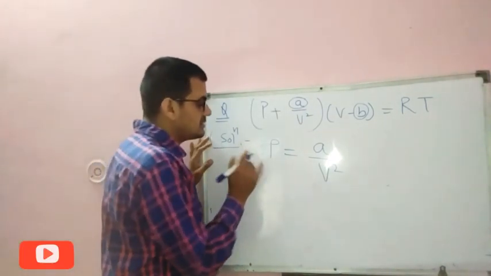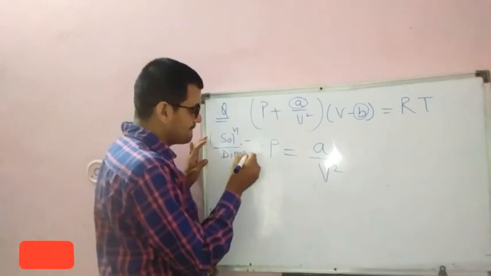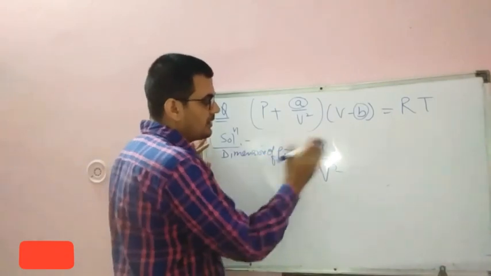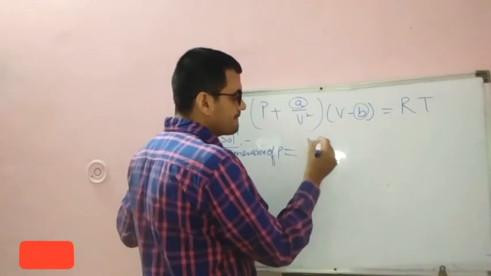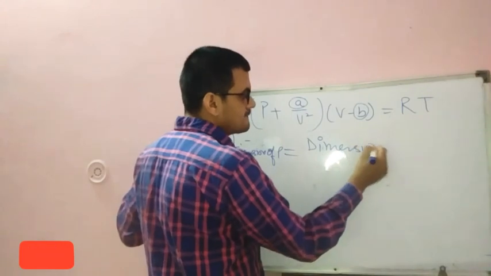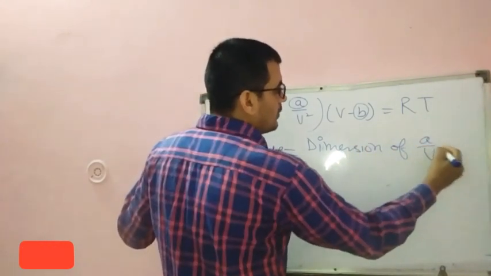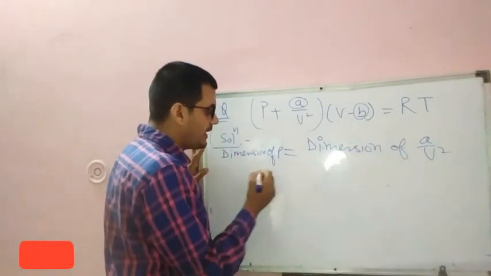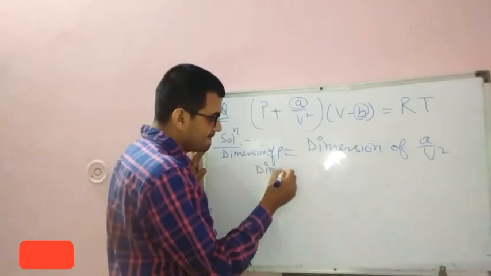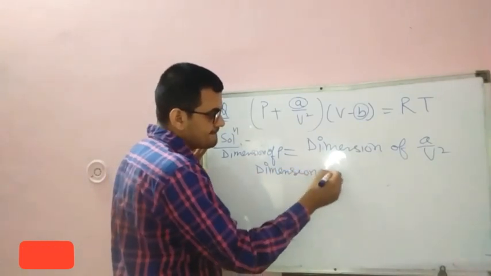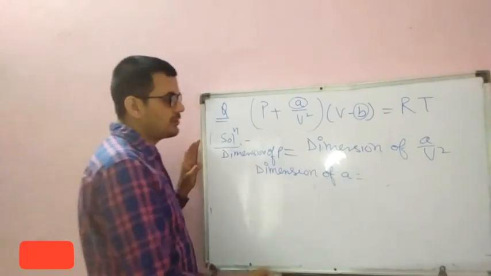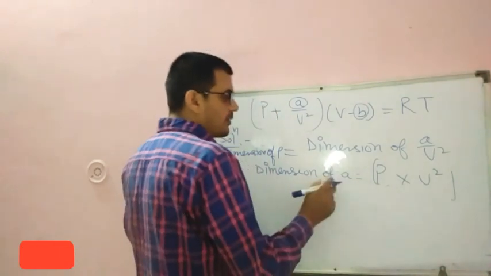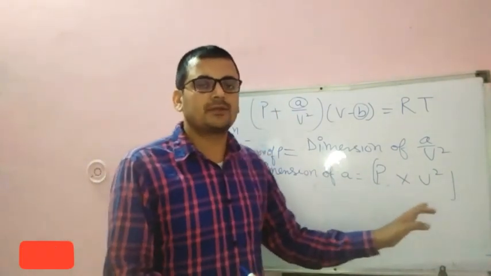So you write it like this: dimension of P equal to dimension of a over V square. So what will be the dimension of a? Dimension of a equals dimension of P into V square.